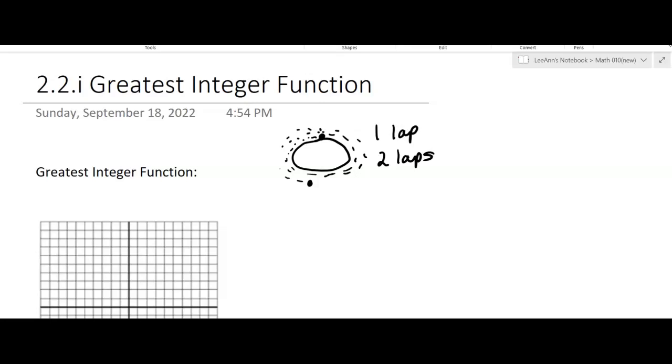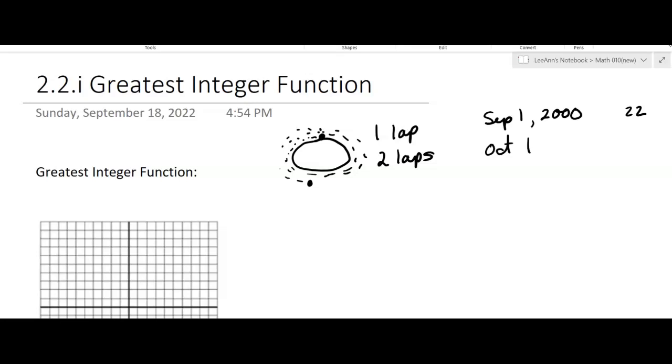Okay. Another example, which I think is a little easier to understand. Let's say your birthday is September 1st, 2000. You were born September 1st, 2000. So you say, I am 22 years old, right? You just had your birthday. But you don't say, on October 1st, well, I'm 22 years old in 1 month.